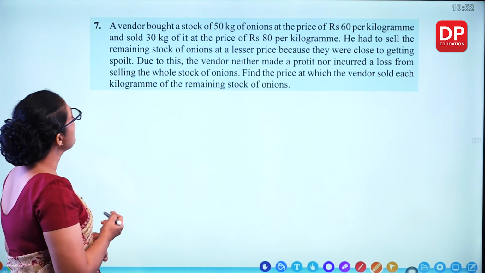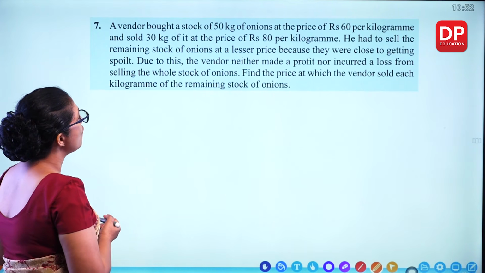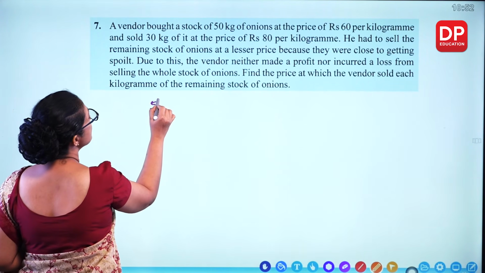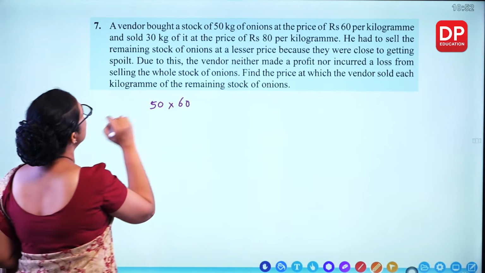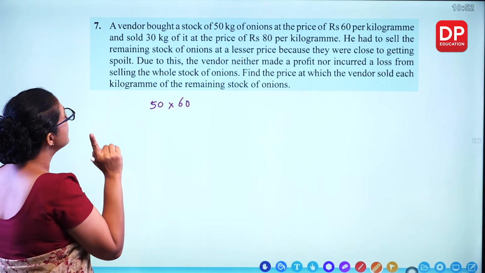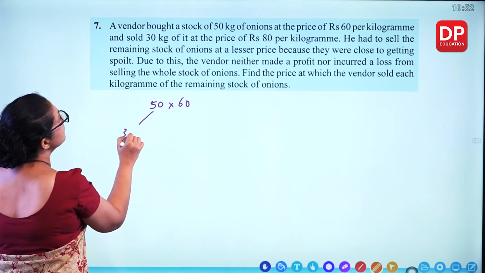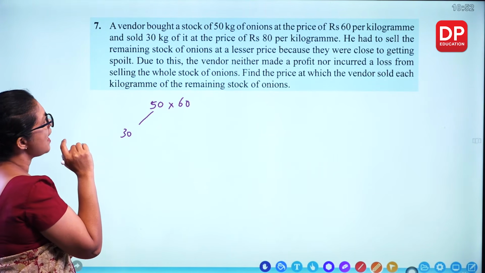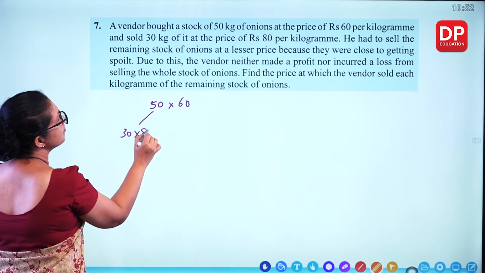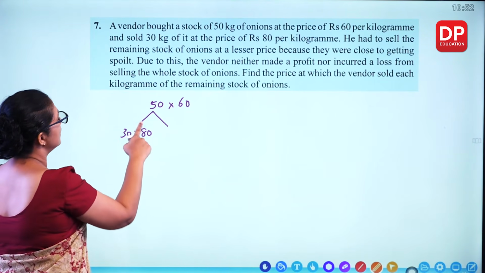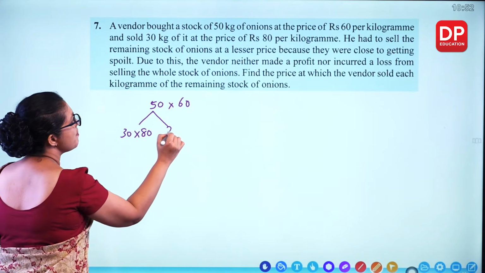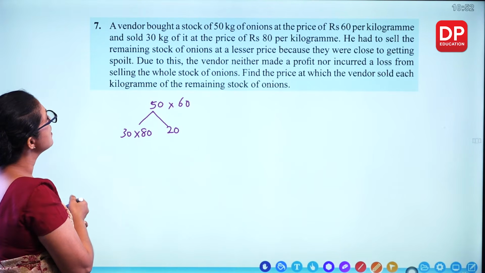Question number 7. A vendor bought a stock of 50 kilo onion at the price of 60 rupees per kilo and sold 30 kilos of it at the price of 80. He had to sell the remaining stock. 50 minus 30, so remaining stock is 20 kilos.